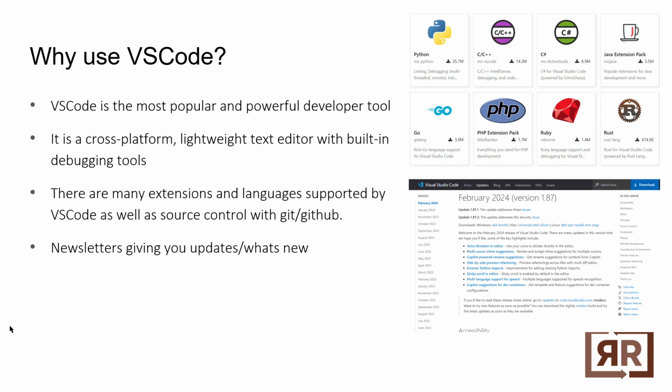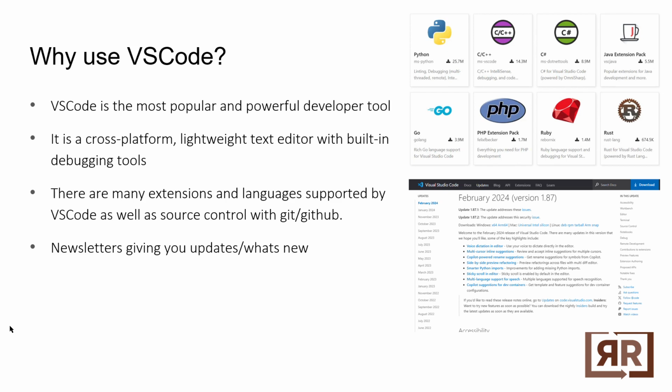There are a lot of different extensions and languages supported by VS Code, as well as source control with Git and GitHub. If you take a look at the right-hand panel of the page, on the top there are only a couple of the extensions and languages that I've included, but there are a lot more on the Visual Studio Code website that you can check out as well.